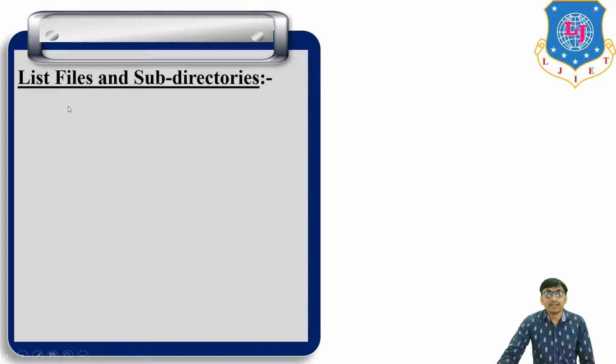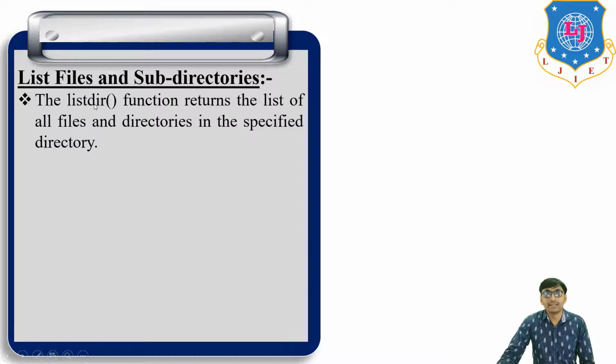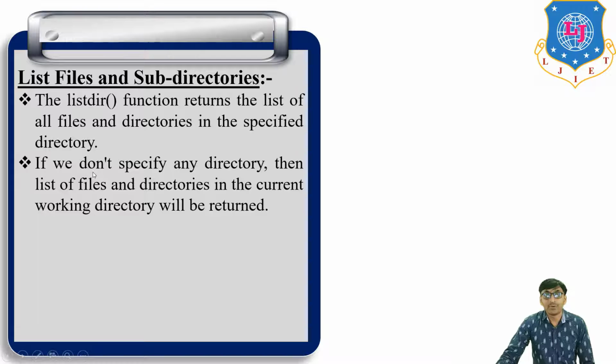Then list files in a directory. The listdir function returns the list of all files and directories in the specified directory. If we don't specify any directory, then the list of files and directories in the current working directory will be returned.